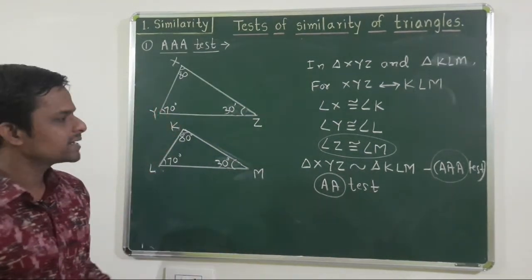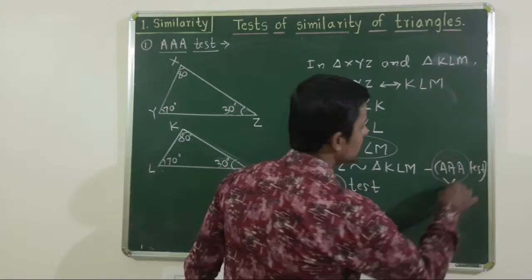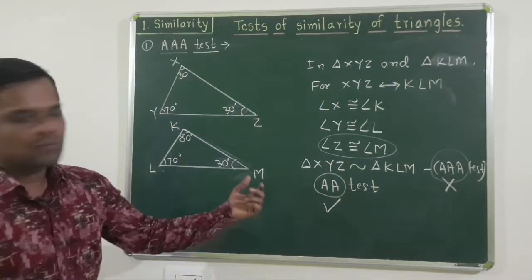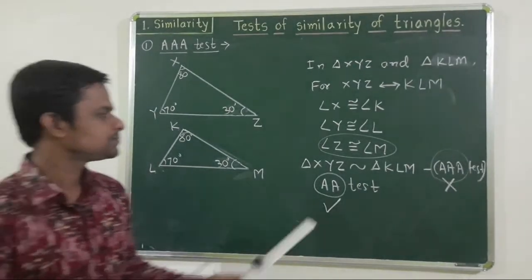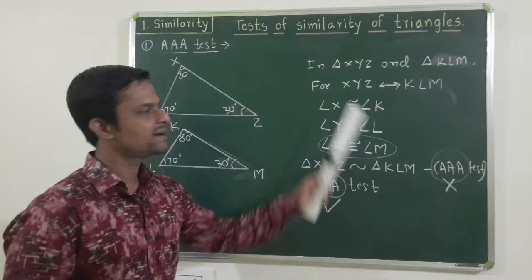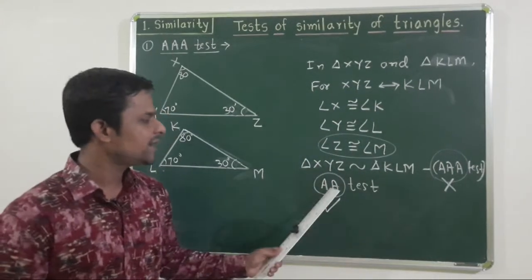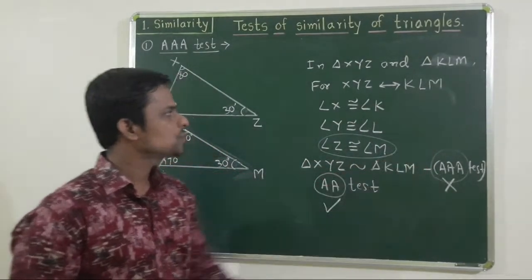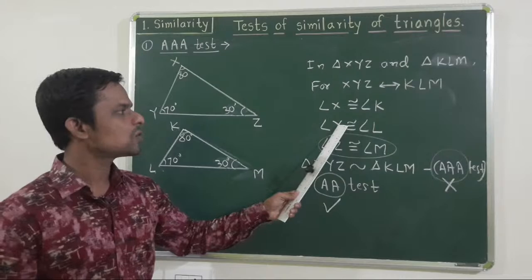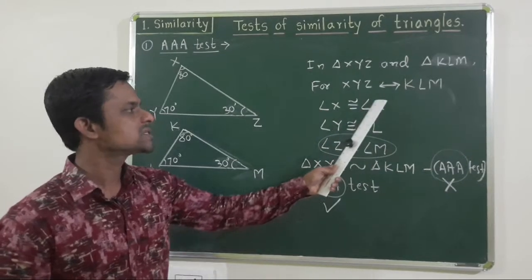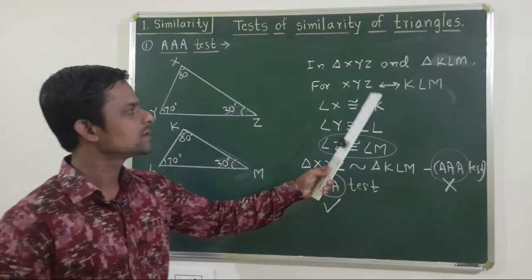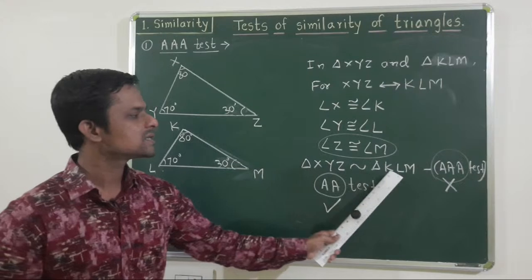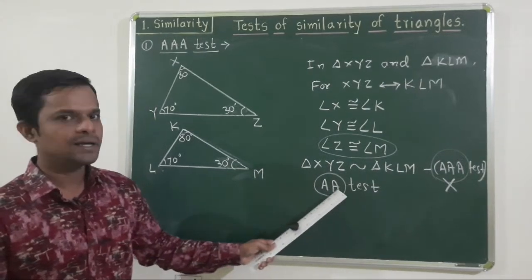Therefore, while solving examples, we will not use the AAA test. We'll use simply the AA test. What will be the definition of the AA test now? We'll exclude this third pair and the definition will be the same. For a given one-to-one correspondence between vertices of two triangles, if two angles of one triangle are congruent with the corresponding, this word corresponding is important, two angles of the other triangle, then the two triangles are similar by the AA test.